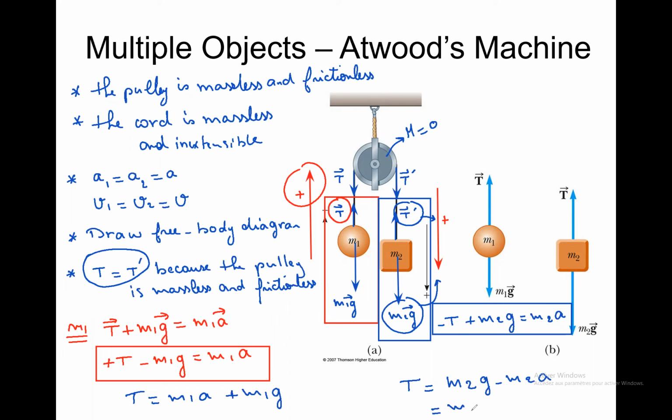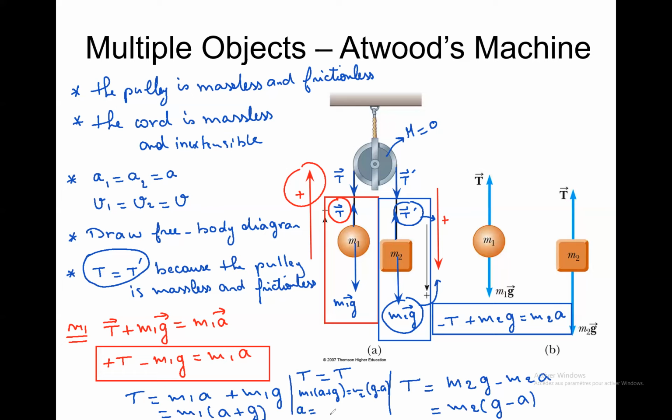We can say here M2(g minus a), and here T equal M1(a plus g), so T equal to T, so M1(a plus g) equal M2(g minus a), and we can calculate a easily.